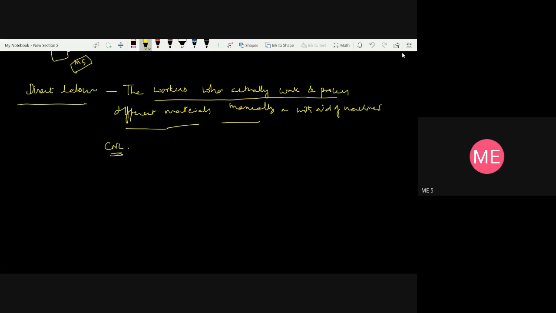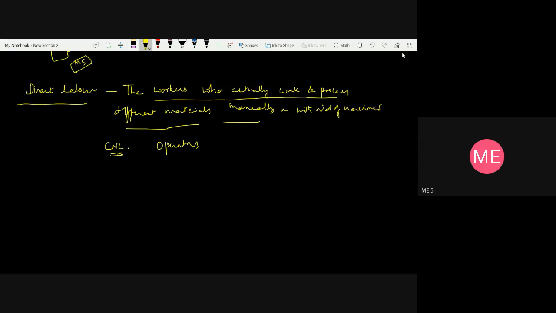Generally we can call them labor, or operators also. Operators actually operate the different machines manually or, in the case of CNC, with the help of software.